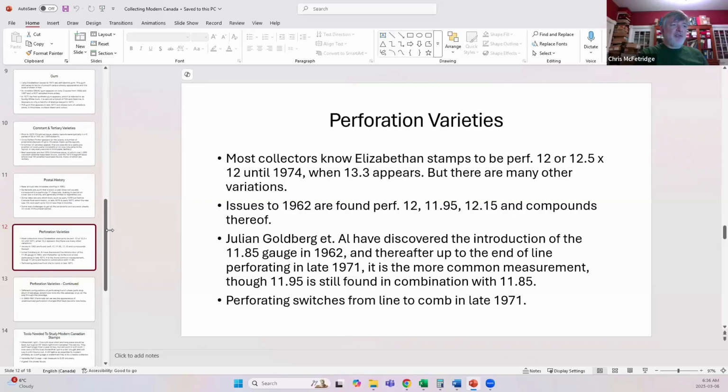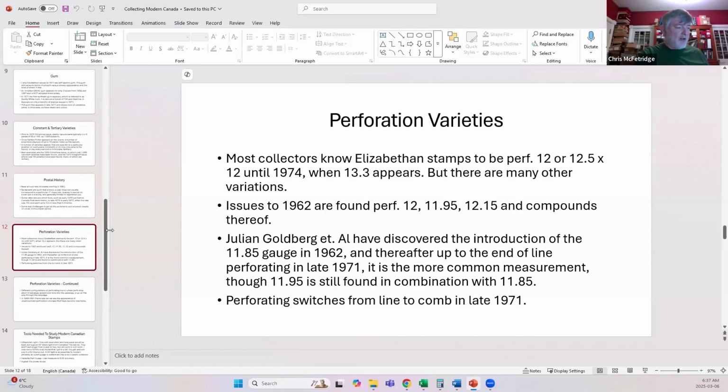And between 1962 and the end of line perforating in 1971, we see all the different compounds of those numbers as well. If you study the issues from 1962 to 71, you'll see different instances of these compounds.